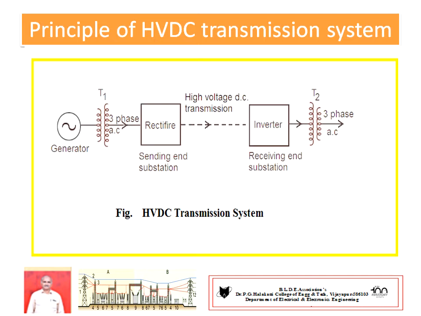Then the output of the rectifier up to the input of the inverter circuit is known as the DC transmission line. So this generated AC is converted into DC.